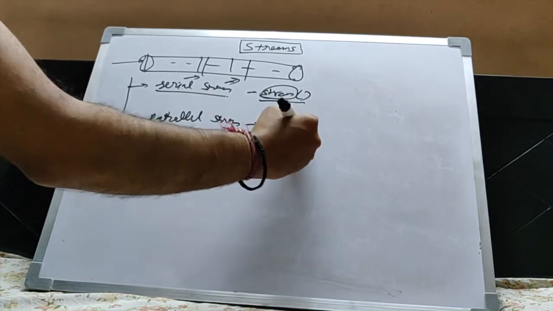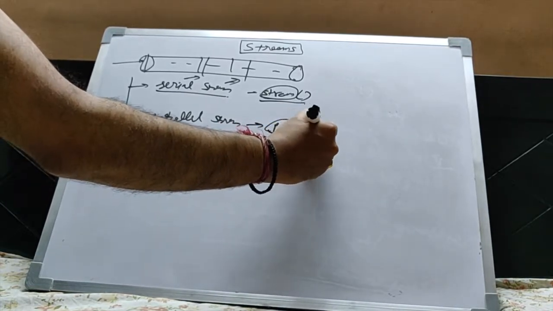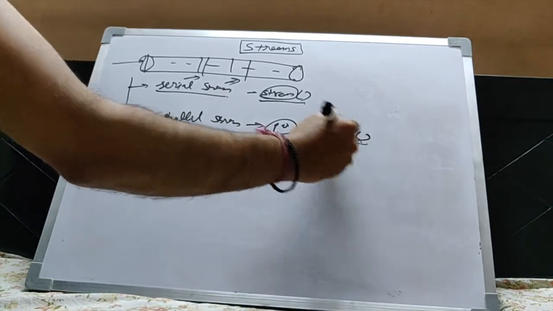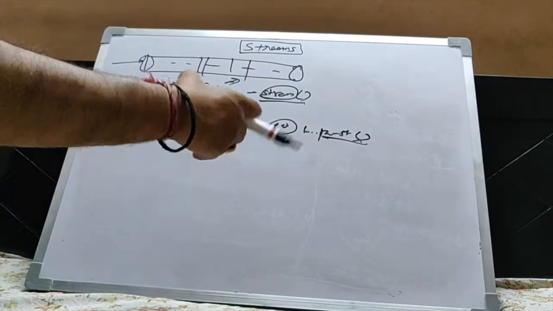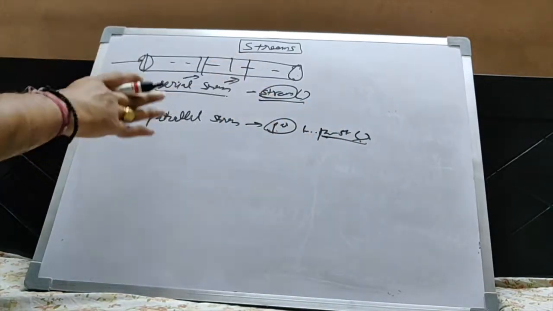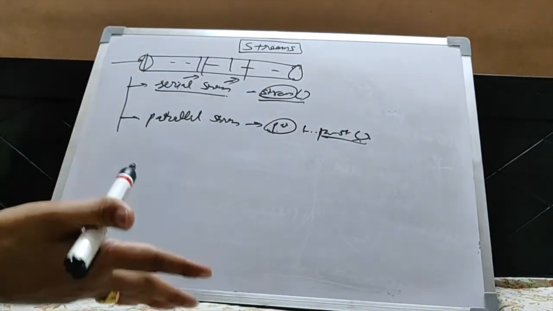Next is the parallel stream. If you have a list, list dot parallelStream is a method provided in the collection API. What it will do is divide your task into multiple threads.